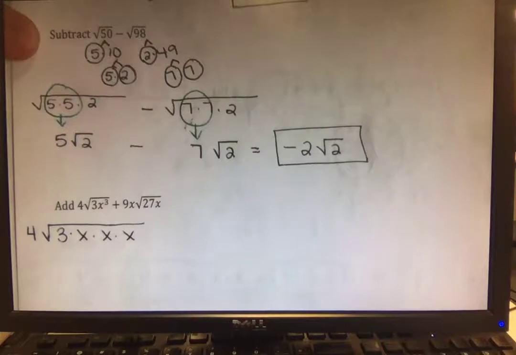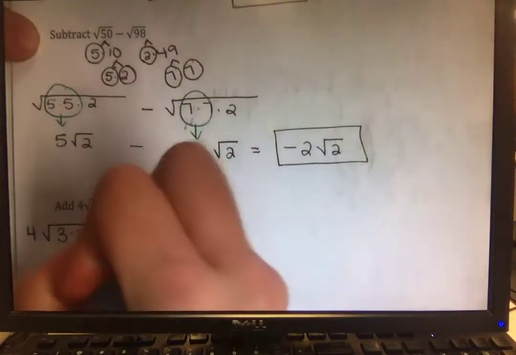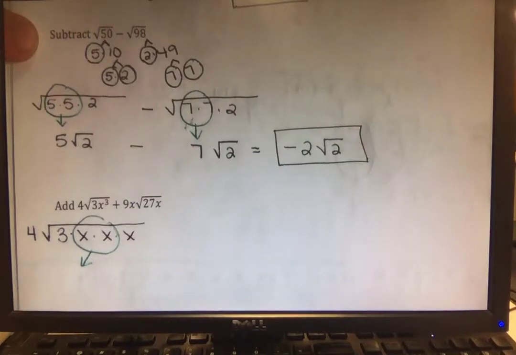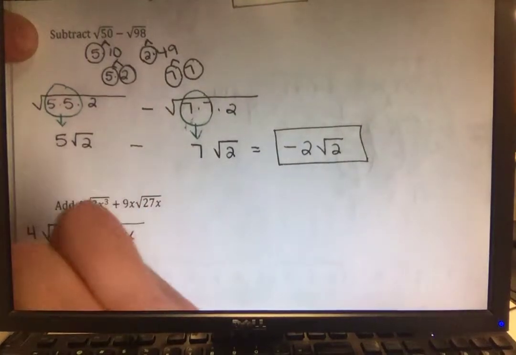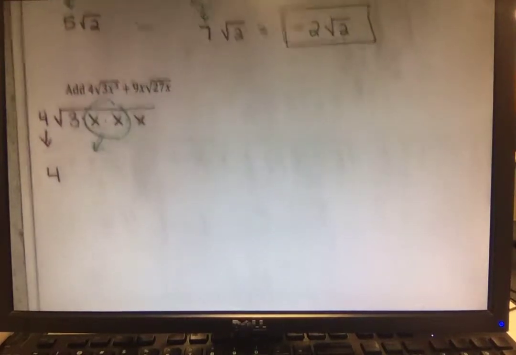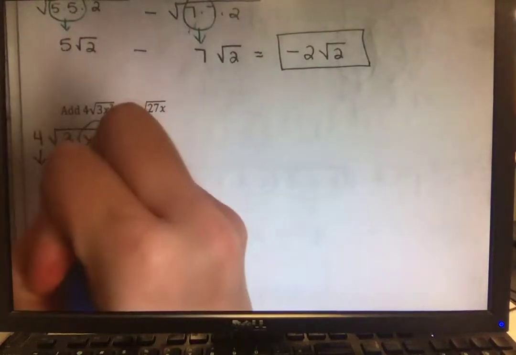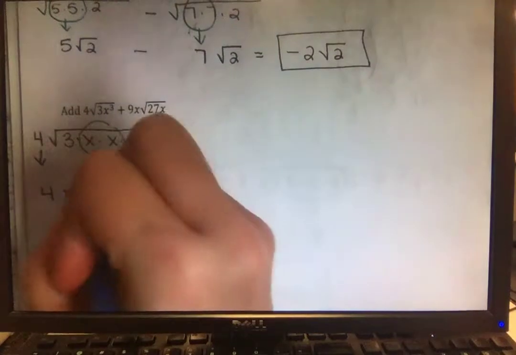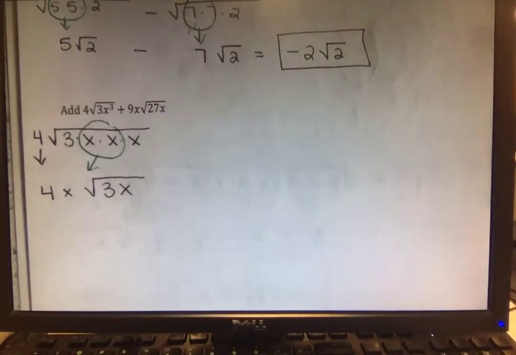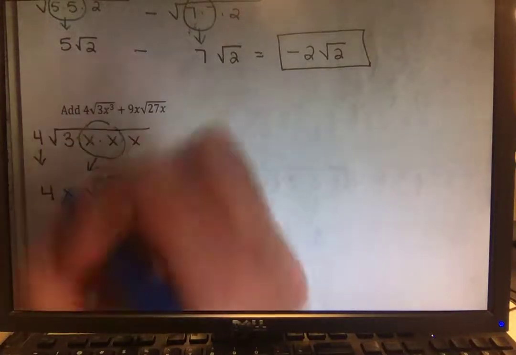It is the square root, so we're taking out 2 of a kind. So these two x's are coming outside of the radical. Notice this 4 is already out front, so don't forget to leave it out front. This 1 x is coming out. Underneath the radical, 3x. So that simplified into 4x square root of 3x.